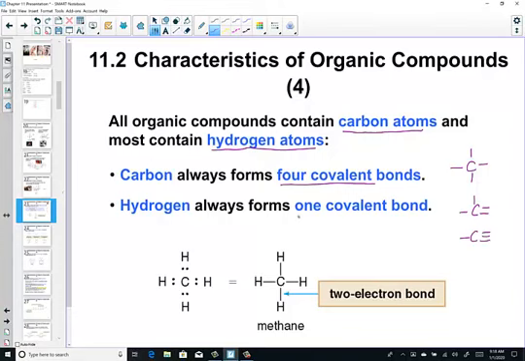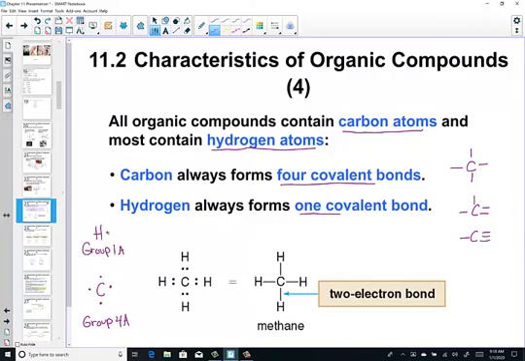Hydrogen always forms 1 covalent bond. And that secret lies in remembering from first semester the Lewis dot structure for carbon. Since carbon lives in group 4A, it has 4 valence electrons, so therefore we can see 4 dots around it, 4 open spots for bonding. Hydrogen, of course, lives in group 1A.